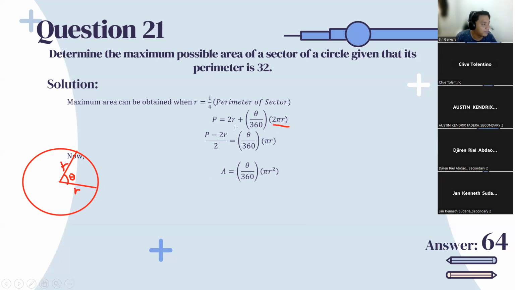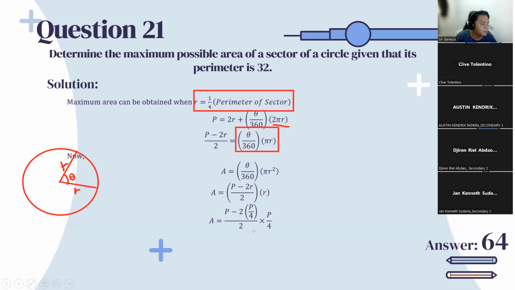And since we already have this value here, then we can just substitute p minus 2r over 2 into the formula of the area, which will give us p minus 2r over 2 multiplied by r. And now we can use this one when r is equal to 1/4 of the perimeter. So substituting r by p over 4, that will be A is equal to p minus 2 multiplied to p over 4, divided by 2, multiplied to p over 4, which gives us p squared over 16 or p over 4 quantity squared.